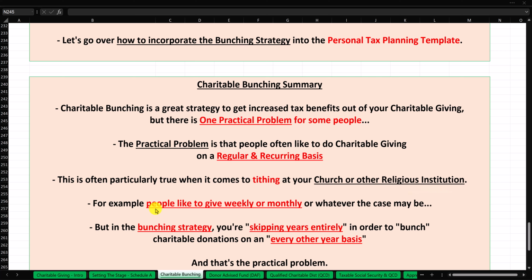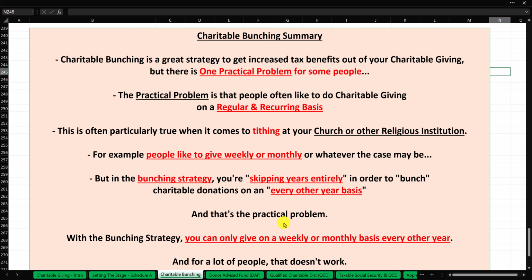For example, people like to give weekly or monthly or whatever the case may be. But in the bunching strategy, as we just went through, you're basically skipping years entirely in order to bunch charitable donations on an every other year basis. And that's the practical problem. With the bunching strategy, you can only give on a weekly or monthly basis every other year.